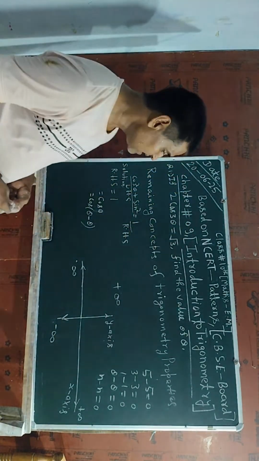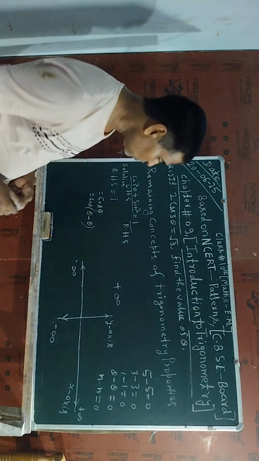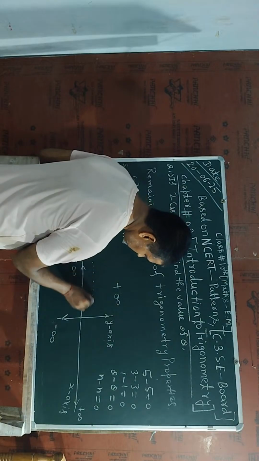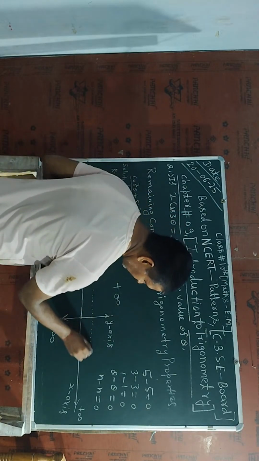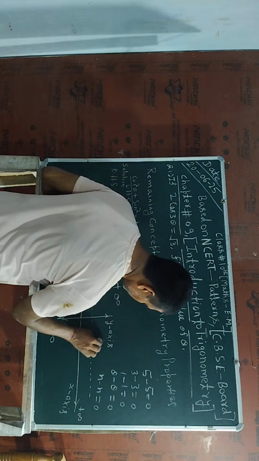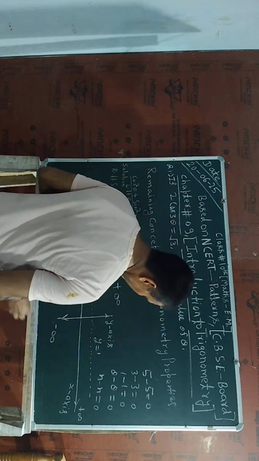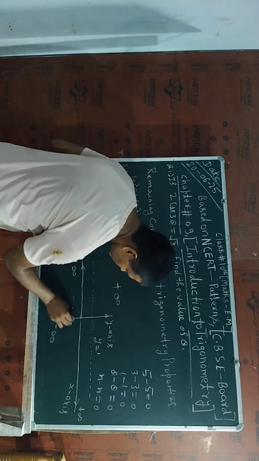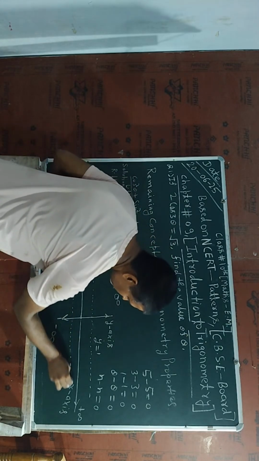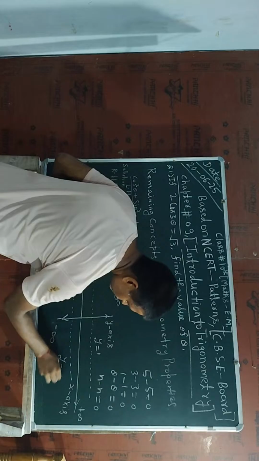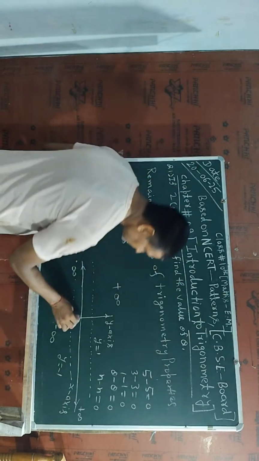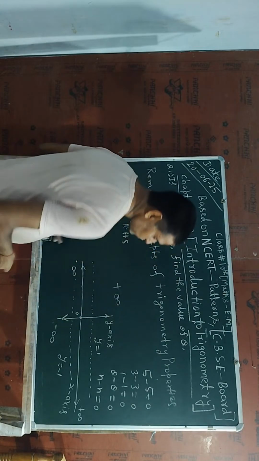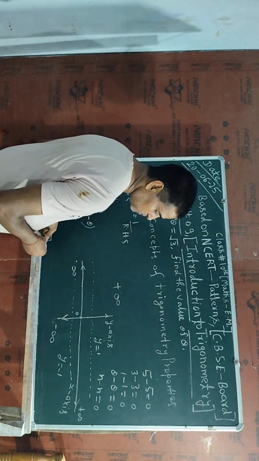Now here I have to draw the cos value. Along the y-axis I am drawing a line y is equal to 1, and also I am going to draw a line y is equal to minus 1. Now this is the intersection point, and the coordinate of the origin will be 0 and 0.